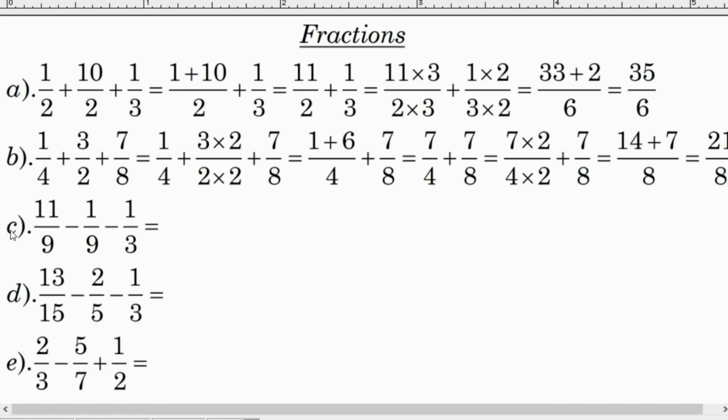Okay, the next question is C here. It is about subtracting fractions. So we have 11 divided by 9 minus 1 divided by 9 and minus 1/3. We can see that we have the same denominator for the first two fractions.